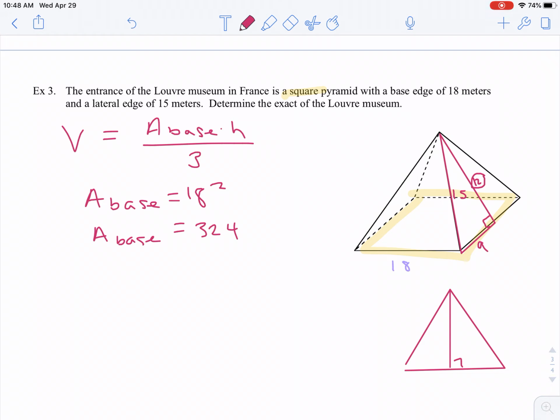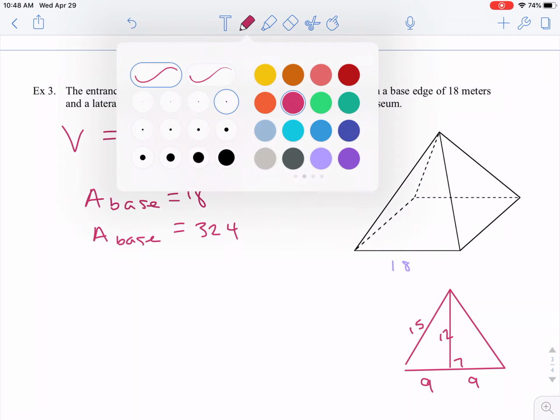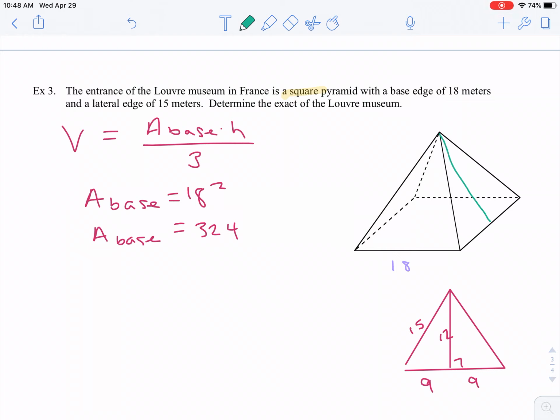So we just did this where we had the 9 on each side. We knew the lateral edge was 15, and that allowed us to find that the slant height was 12. And now I'm going to go ahead and erase that because I don't want my drawing to get too confusing. The only one I actually still would like to keep is this slant height of 12.